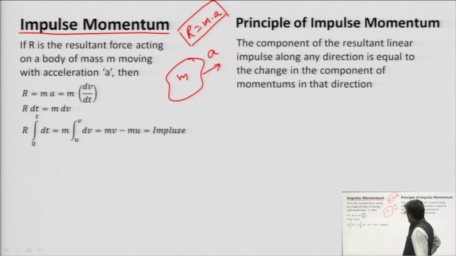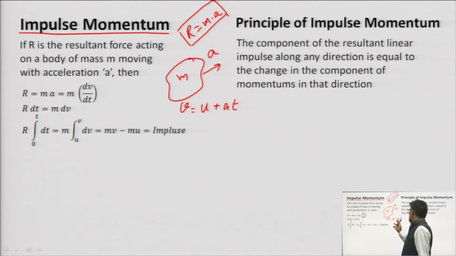Now, if it is moving with uniform acceleration, then its velocity is going to change with time, according to u plus a t for uniform acceleration.